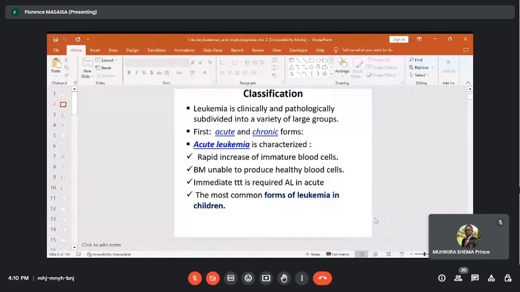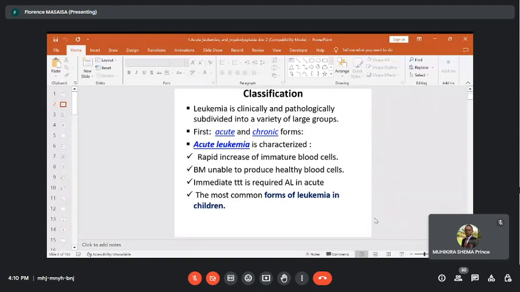So when you are dealing with leukemia, you need to classify it. How is leukemia classified? First, in the mechanism of the disease, we need to say, is it an acute leukemia or a chronic leukemia? Let's start with acute leukemia. In acute leukemia, there is a rapid increase in immature cell production. The immature cells lose the capacity of maturing.